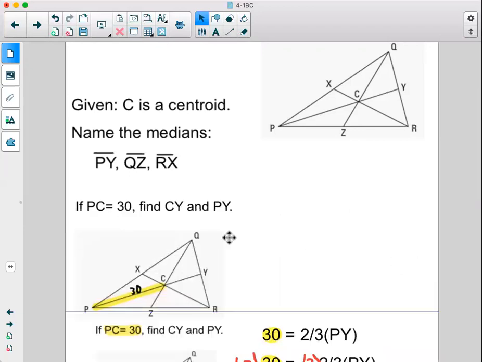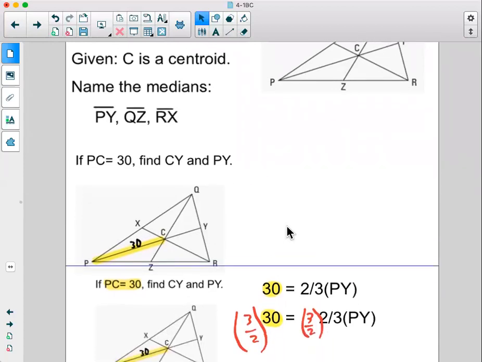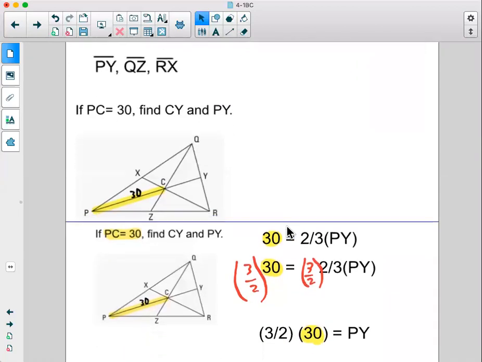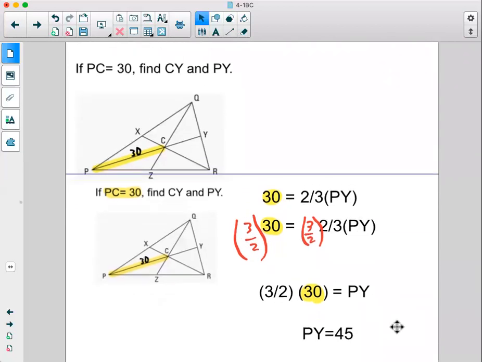The first thing we know is that we are given PC is 30, and we know that represents the 2/3 chunk. And so we can write our equation that this chunk PC equals 2/3 of the whole. If we want to solve for the whole, then we can do inverse operations on each side, multiply the fraction by the reciprocal, and we get 3/2 times 30 or 45.